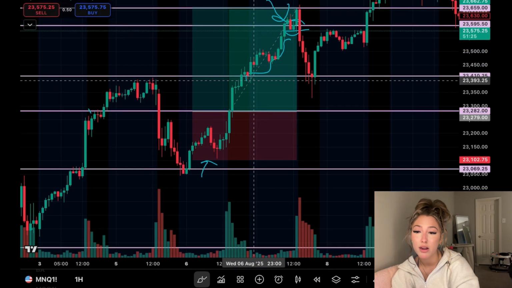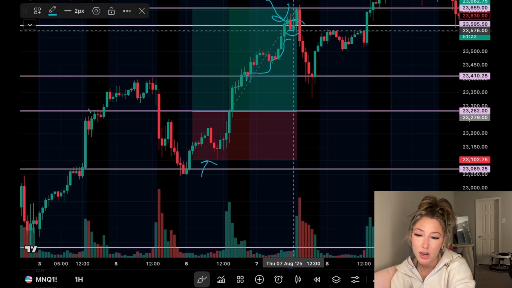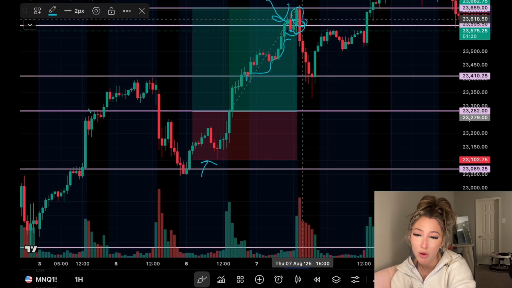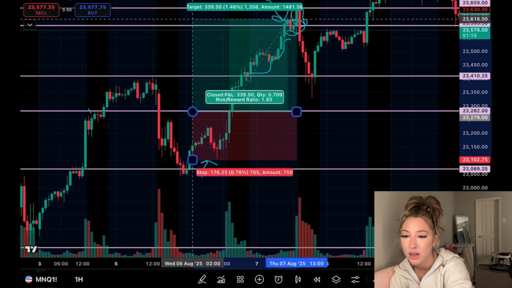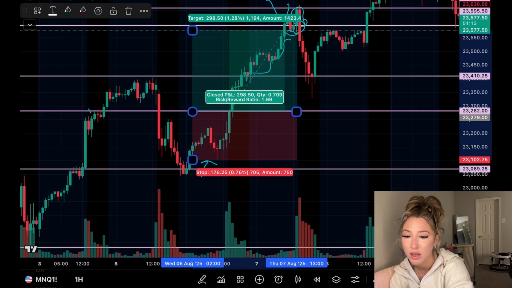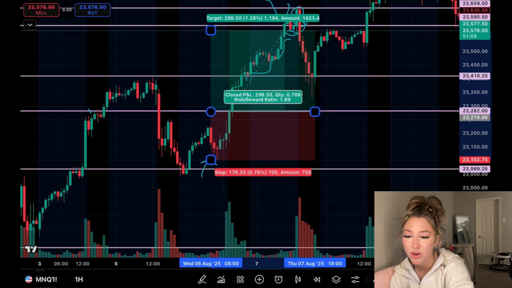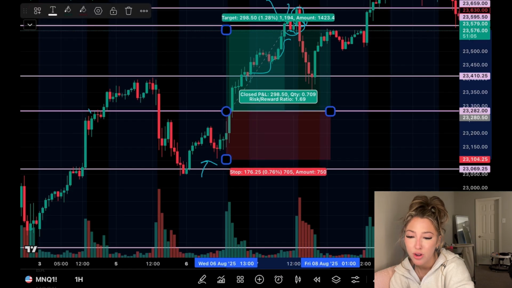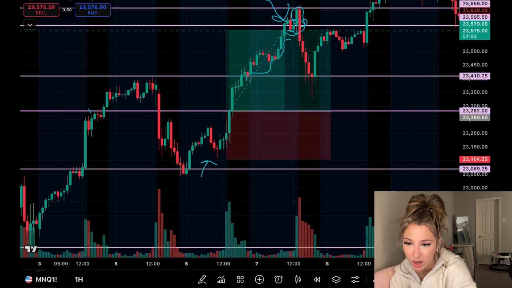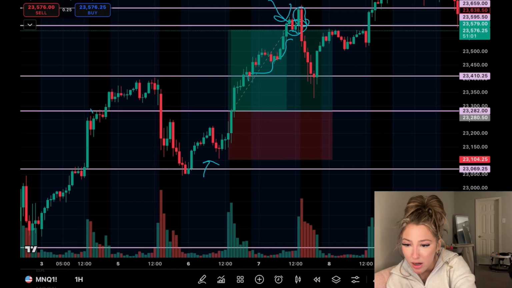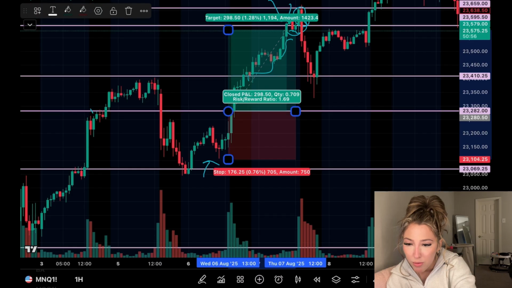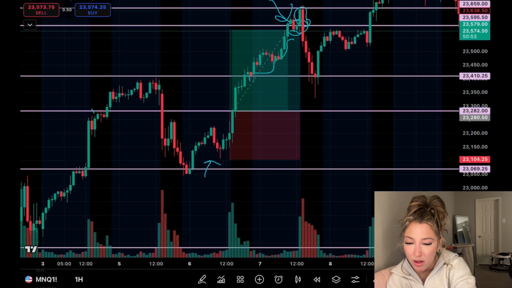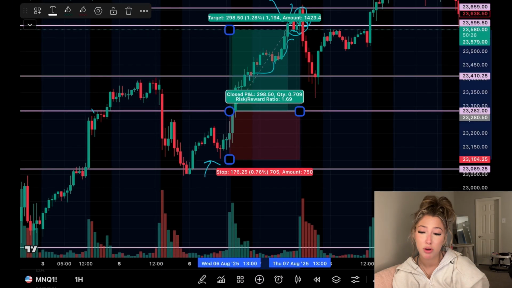So I would have moved it there, and then we would have gotten stopped at this green candle, and we would have gotten out right there. That is a 500 point move.